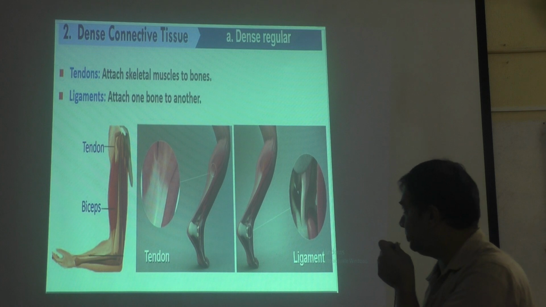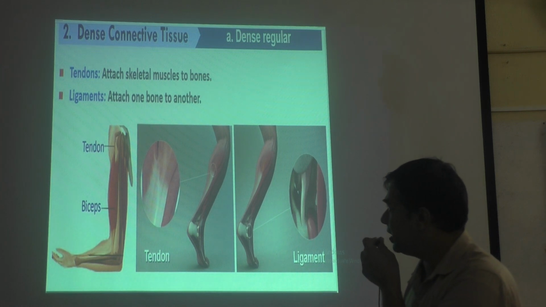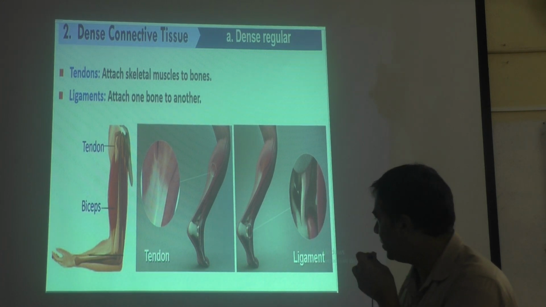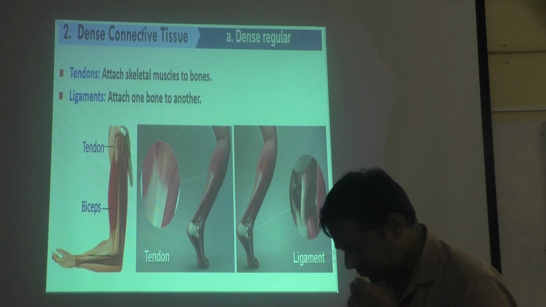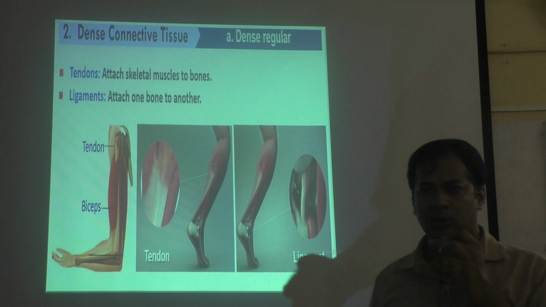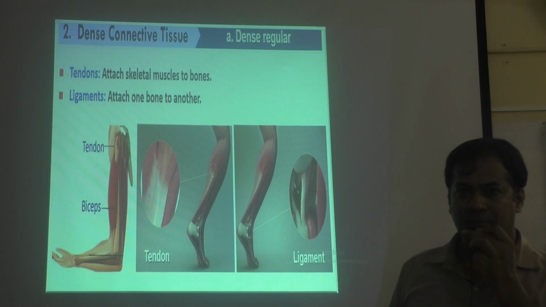Then what is a ligament? It attaches one bone to another bone. You can see here one bone is attached to another bone with the help of a ligament. Some people say, my ligament tore, tearing of ligaments, all that they say.